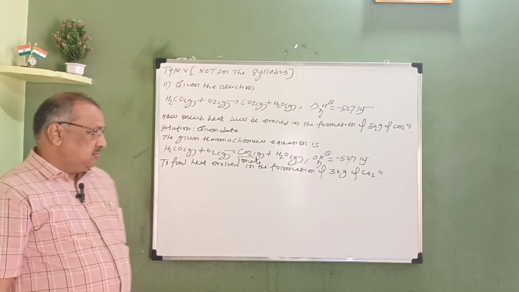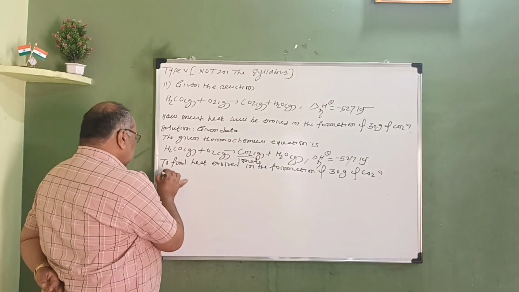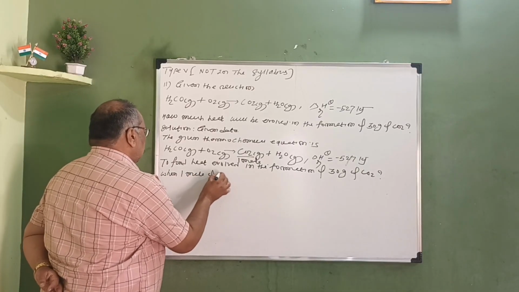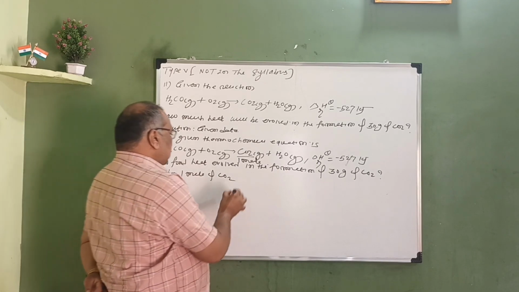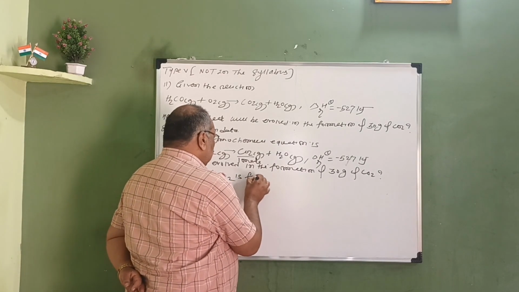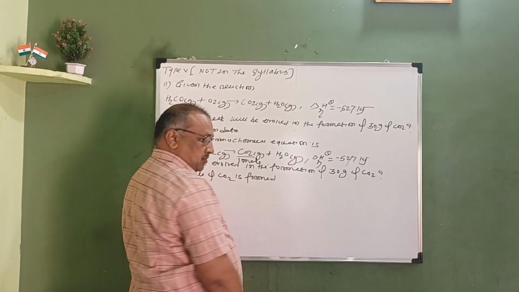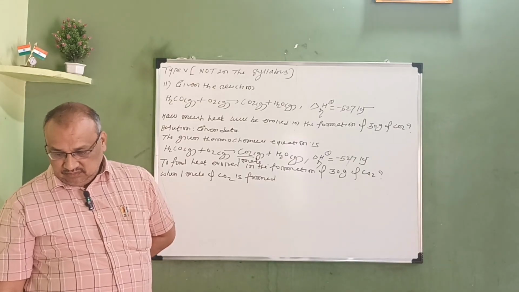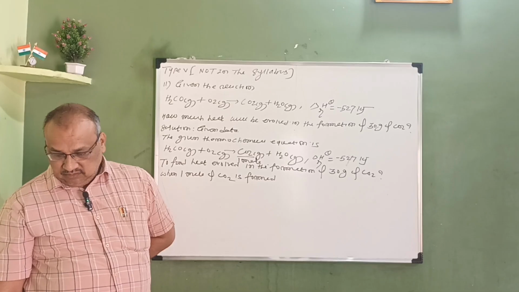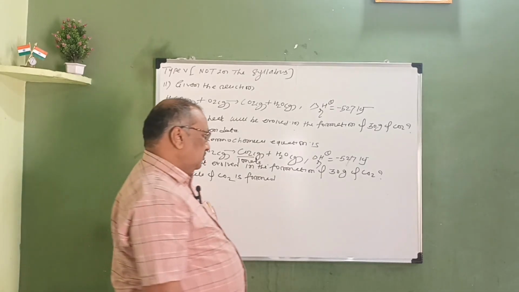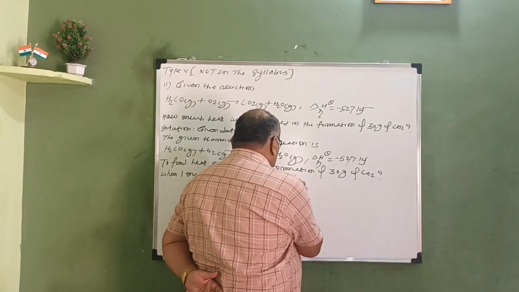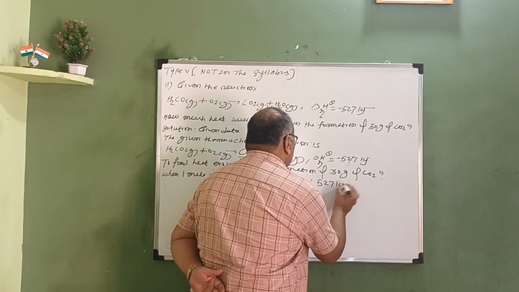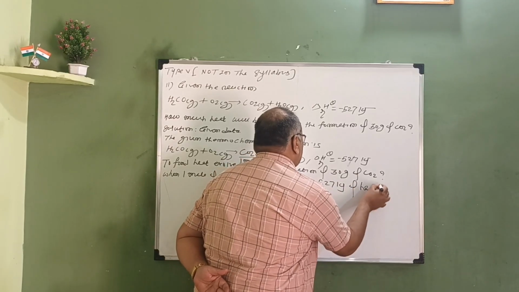That means here when 1 mole of CO2 is formed, evolved 527 kilojoule of heat.